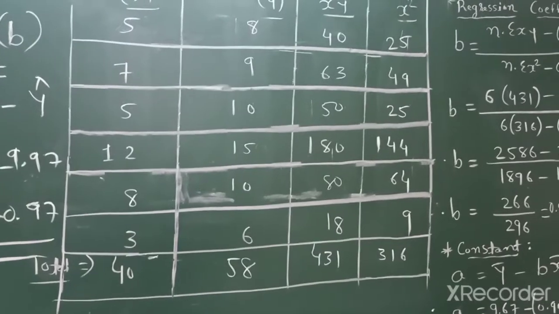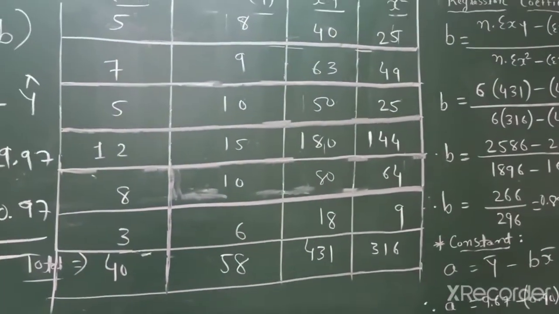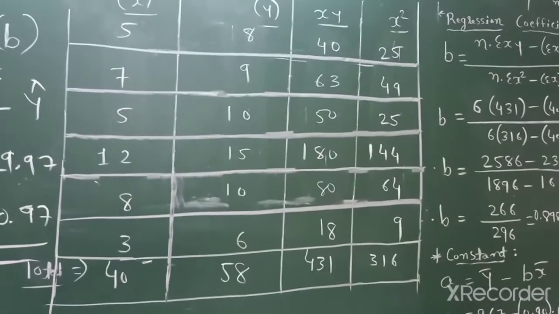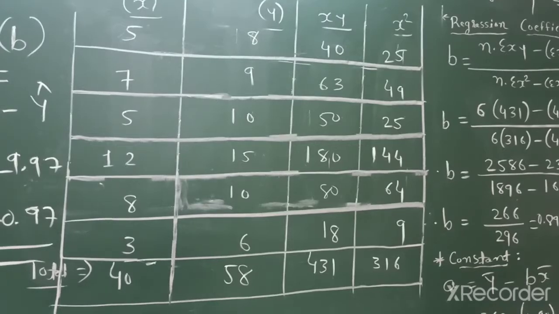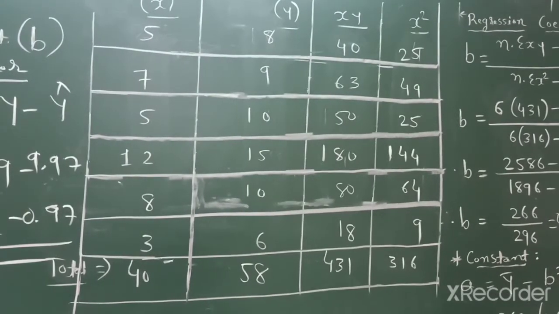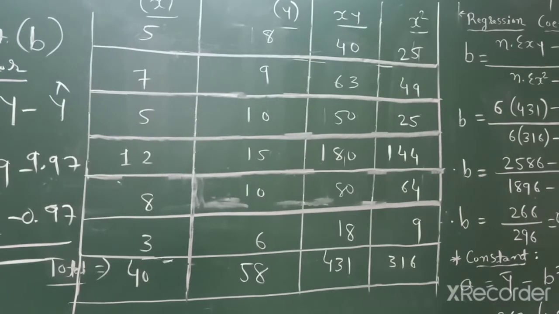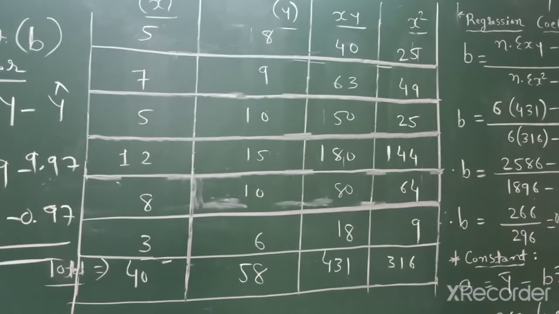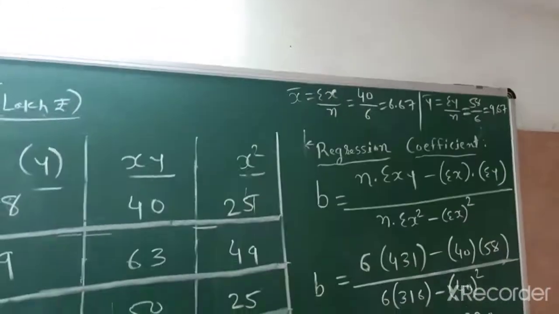We do the totals, that is 40 and 58. Two additional columns we prepare, that is xy and x square. xy means multiplication of x with y, and x square means the square of the column of x. So two additional columns we prepare, xy and x square. Then our first step is to find the regression line.